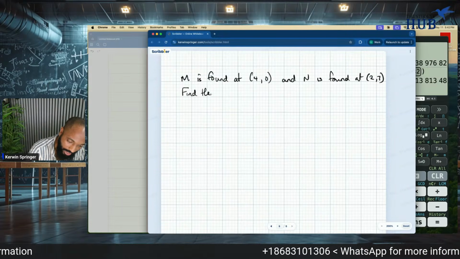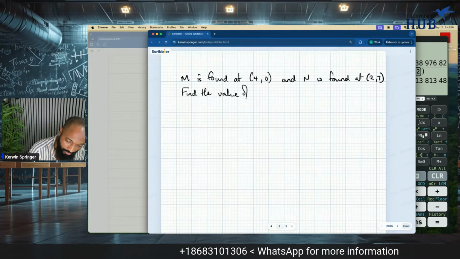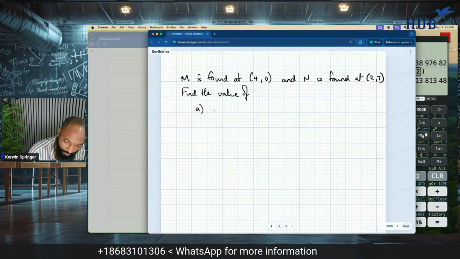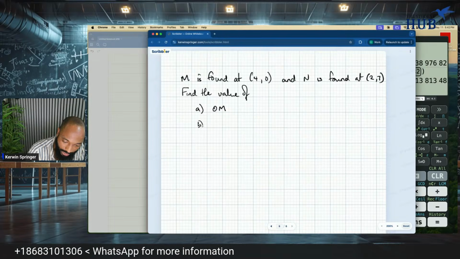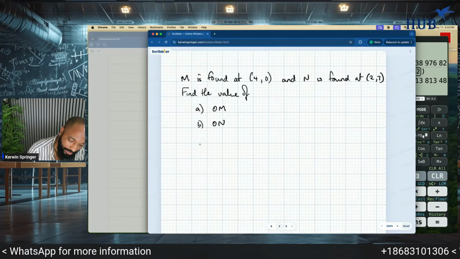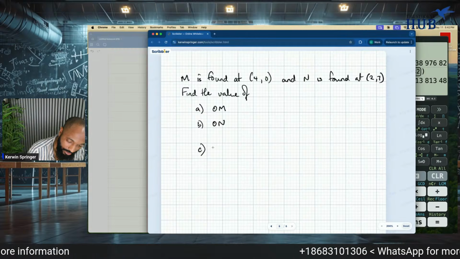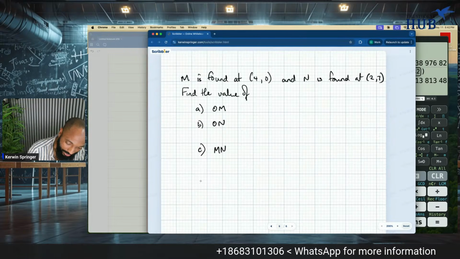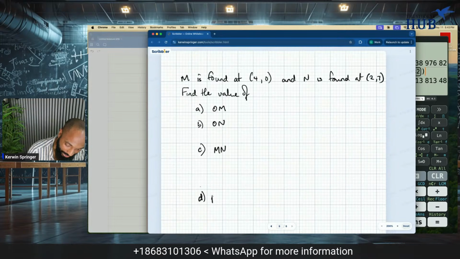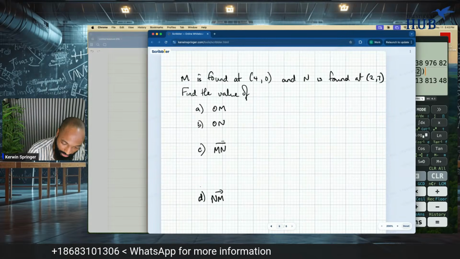Find the value of the following vectors: A, OM, B, ON, C, MN, D, NM. Let's go.